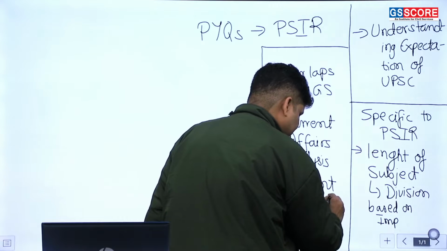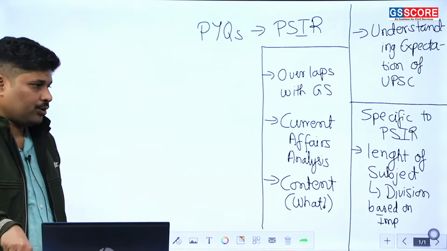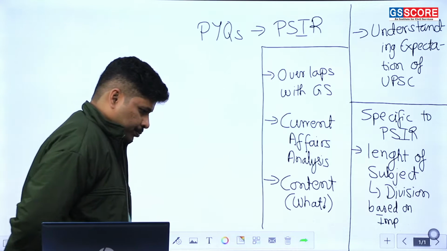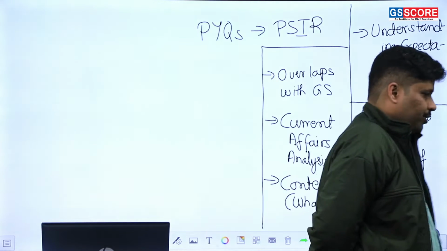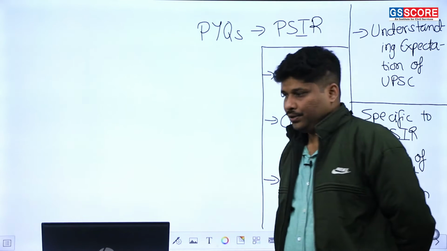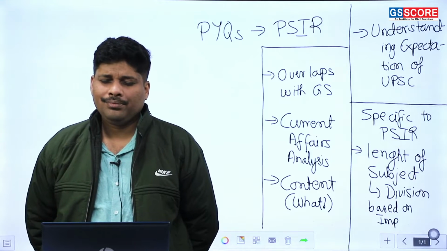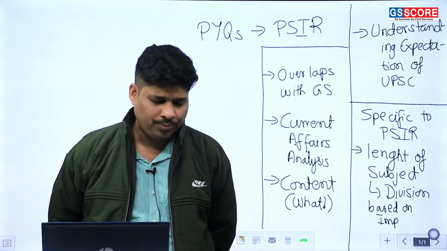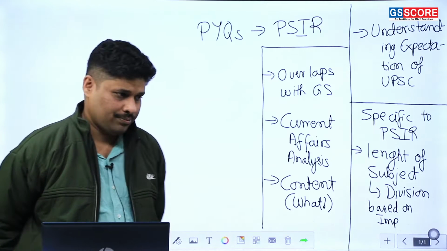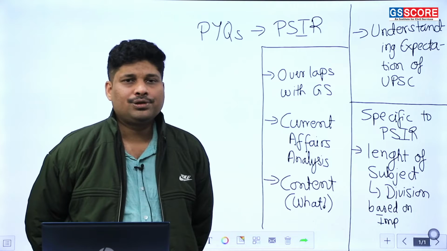I talk about this from the point of view of GS also, but it is more important to understand the content that you use from the point of view of the optional. In GS and in optional, what I have seen is there is over reliance on notes. Notes are important, no doubt about it. But notes are important when it comes to consolidation.